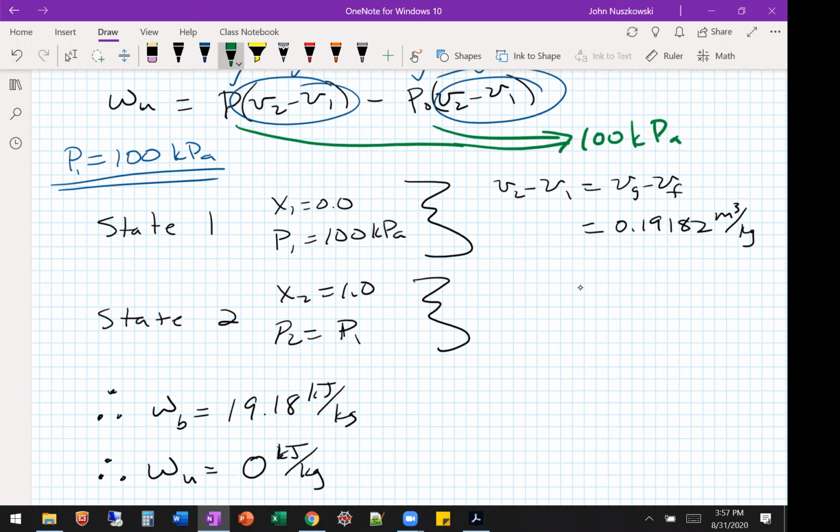So all the work we're doing inside the cylinder is offset by pushing the surroundings. The useful work, or the work potential, is 0, so the exergy associated with that boundary work is 0.